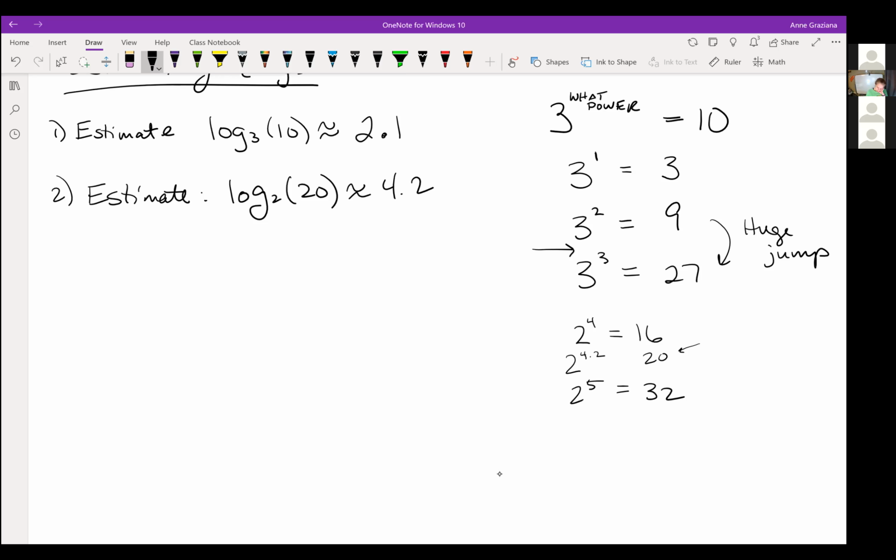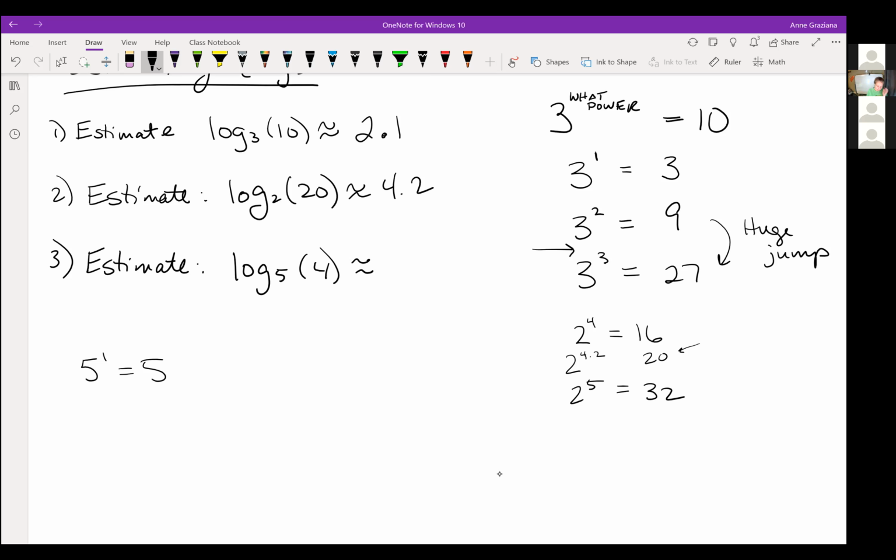Okay, this one's a doozy. Ready? Log base 5 of 4. Now, 5 to the first power is 5. That's already too big, isn't it?